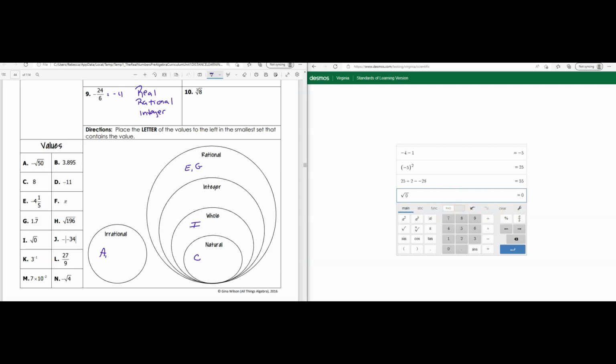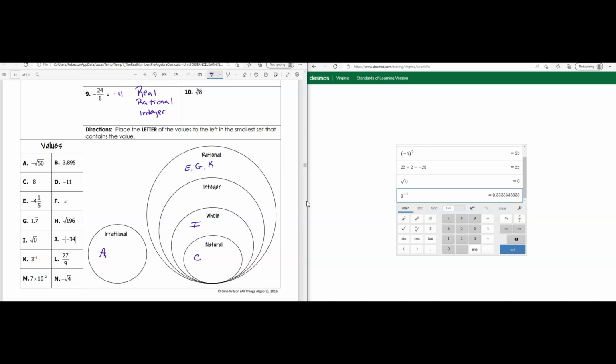3 to the negative first power. Let's put that into Desmos. If you're ever not sure about what some of these numbers are, put them into Desmos and see what you get. This gives us a repeating 0.333. The 3 is repeating. So 1/3. Because I have a repeating decimal, it is a rational number. It can be represented as a fraction.